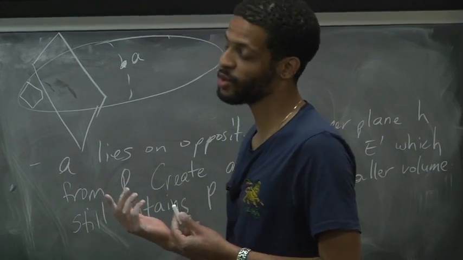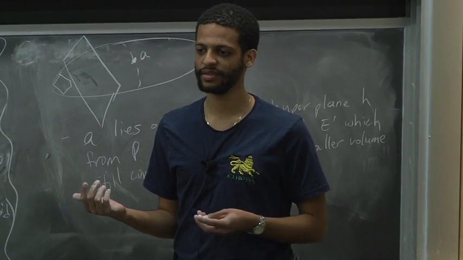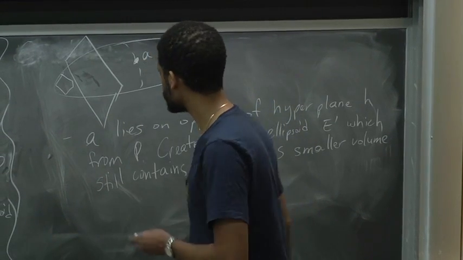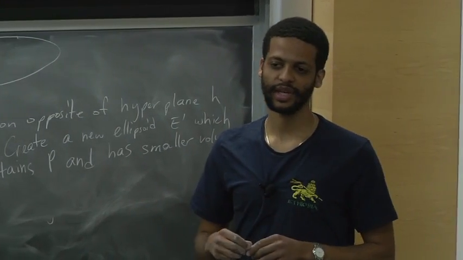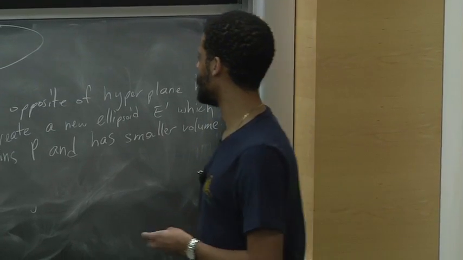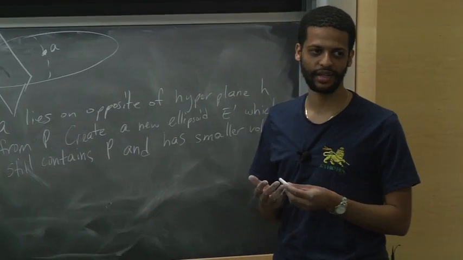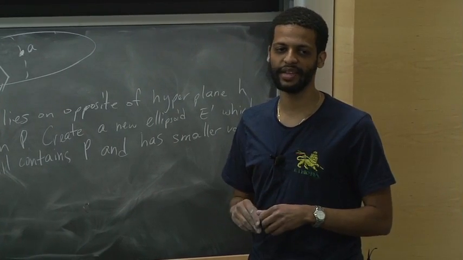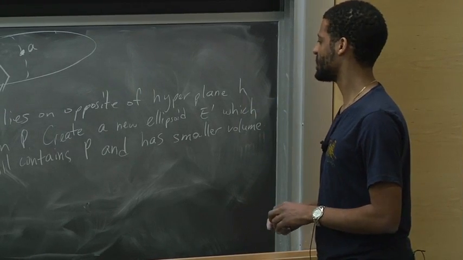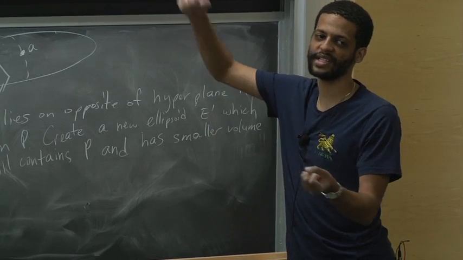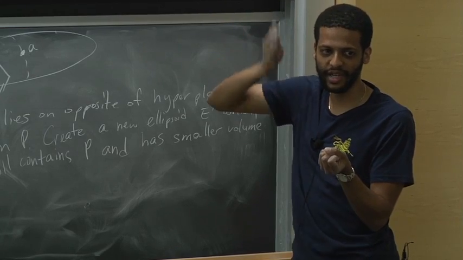In fact, because of this, you can use the ellipsoid algorithm for an even more general class of problems, convex programming, where the feasible region is not necessarily a polytope, but say a convex set. And there's a theorem, sometimes called the separating hyperplane theorem, and sometimes the Hahn-Banach theorem, depending on who you ask, which says that for any closed convex set and any point that's not in it, there's always a separating hyperplane.